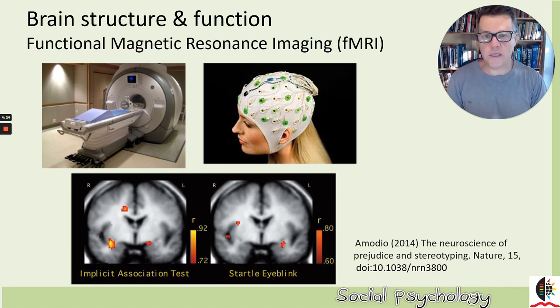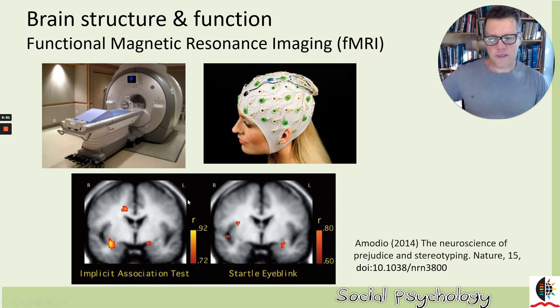In these kinds of experiments, they show, for example, white subjects, American undergrad students, photographs of black people and white people, and then they look at what parts of the brain function differentially in the processing of pictures of white people and black people, pictures of males, pictures of females, etc.